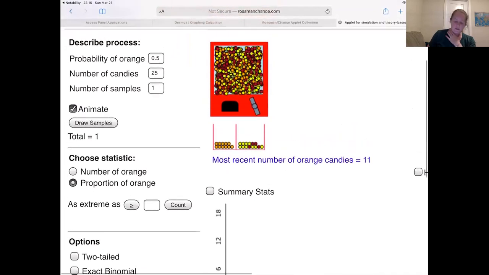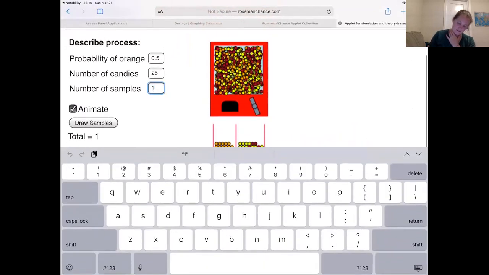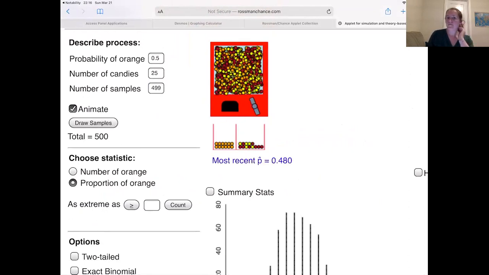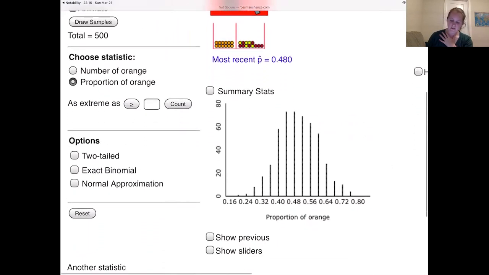So now let's go ahead and just do a whole bunch more samples. So I'm going to draw a total of 500 of these samples, and we'll see what happens. The very last of those samples was 12 out of 25, or 0.48 for a proportion.